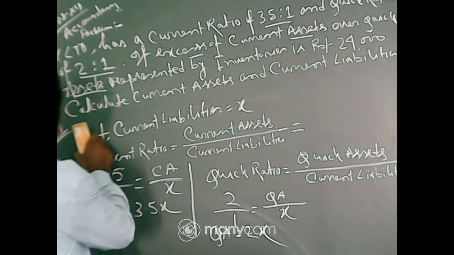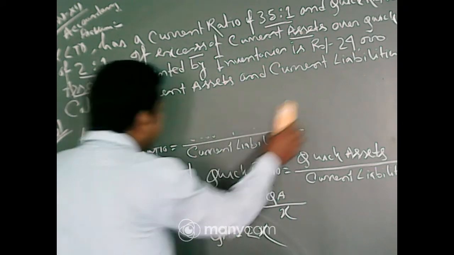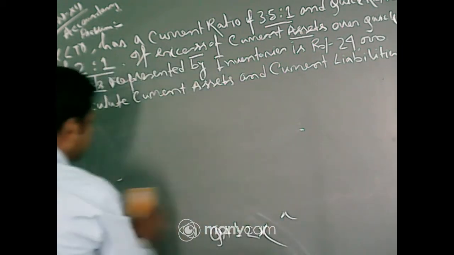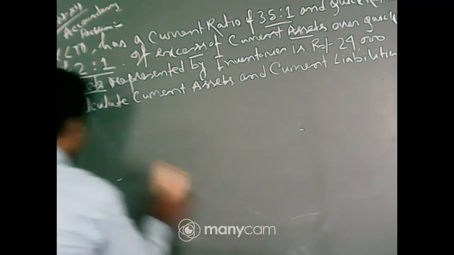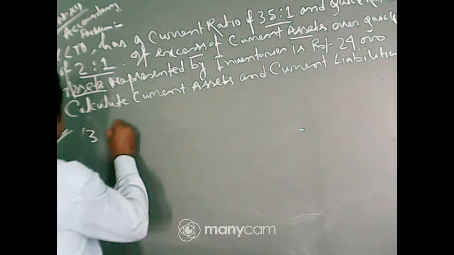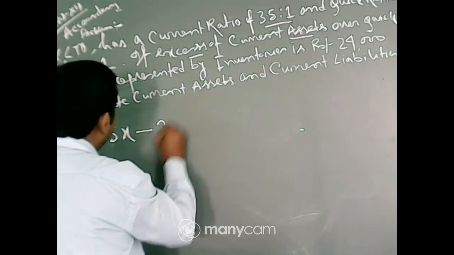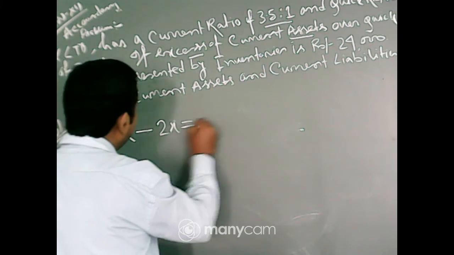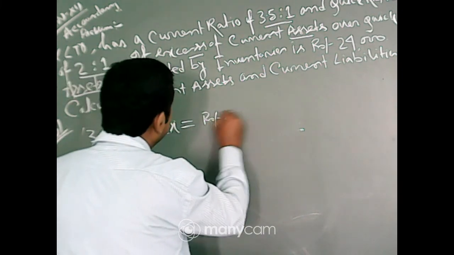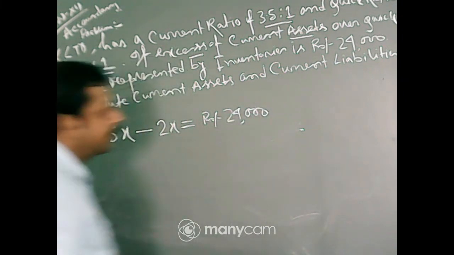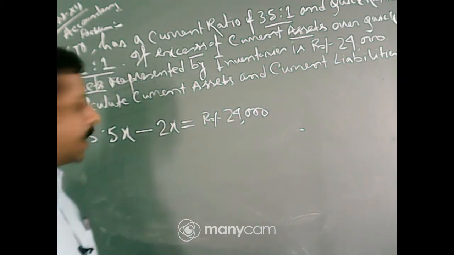So now we can write 3.5x minus 2x equal to rupees 24,000. We can write it. Okay.